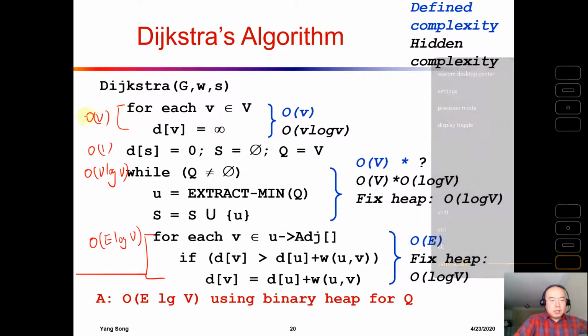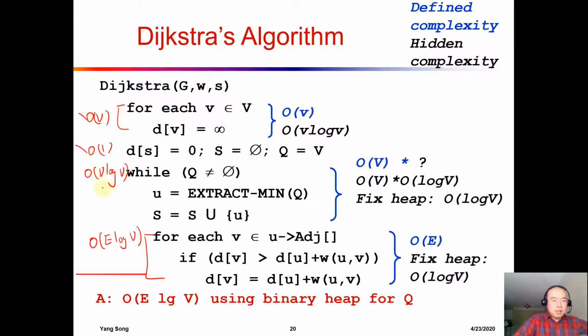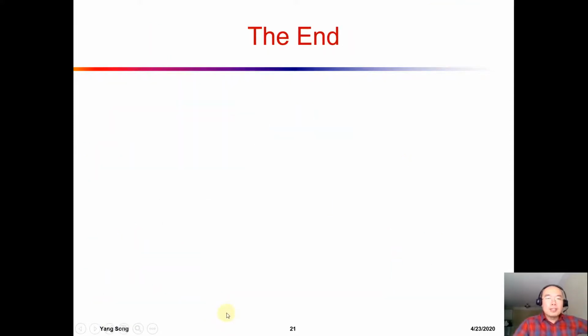For V log V and E log V, which is more significant? Remember, just now we said usually we have more edges than vertices. So O(E log V) will be the more significant component. This makes the time complexity of Dijkstra's algorithm O(E log V). Okay, so that's the analysis of Dijkstra's algorithm.